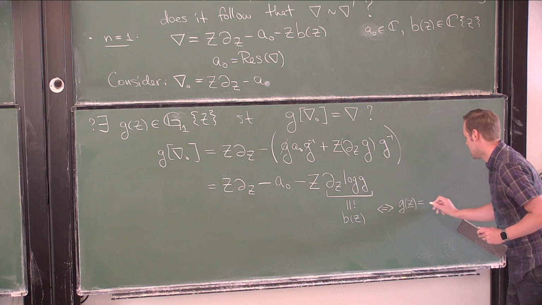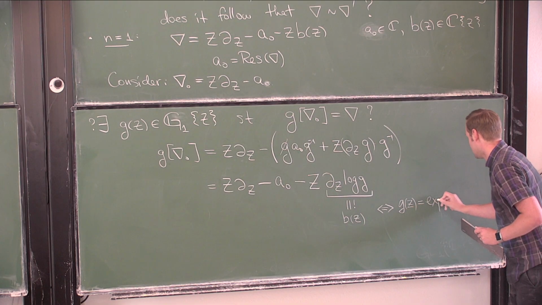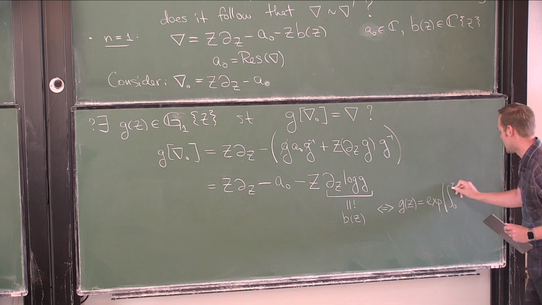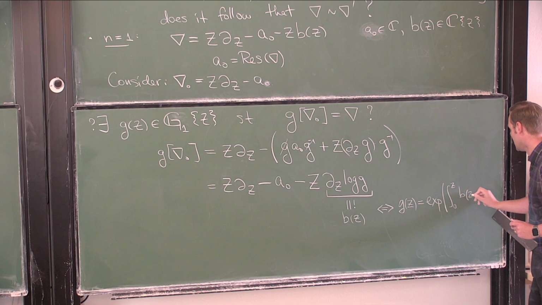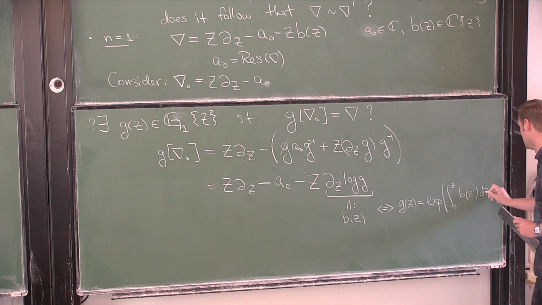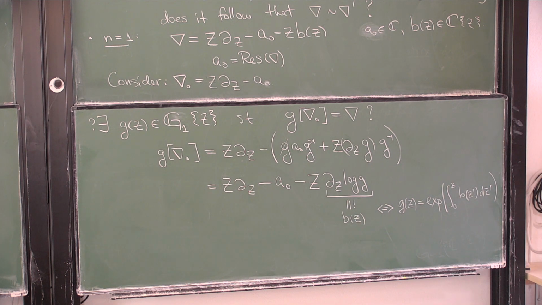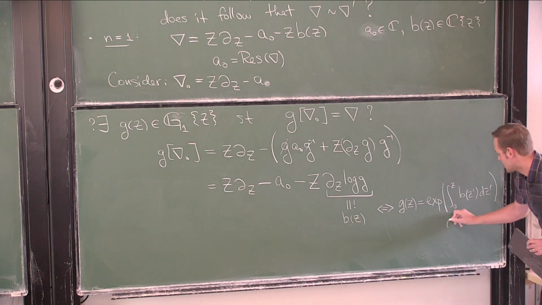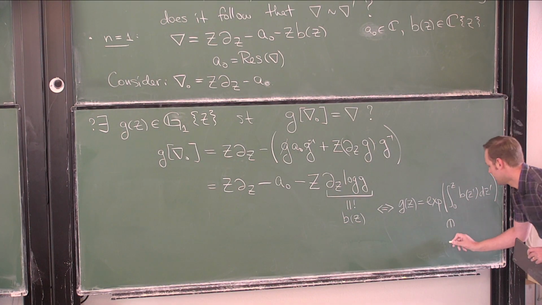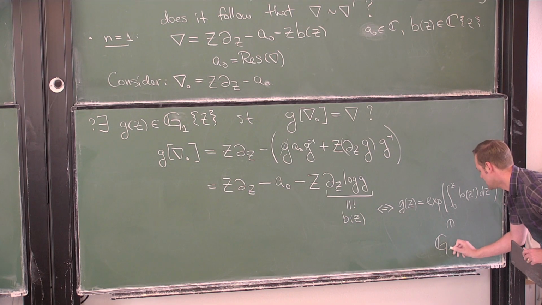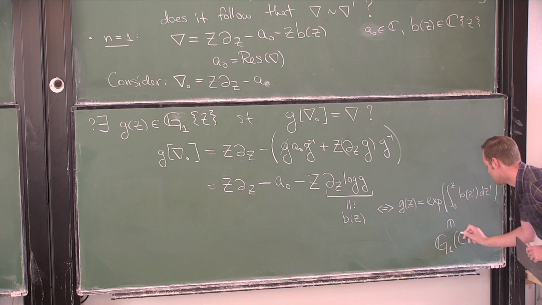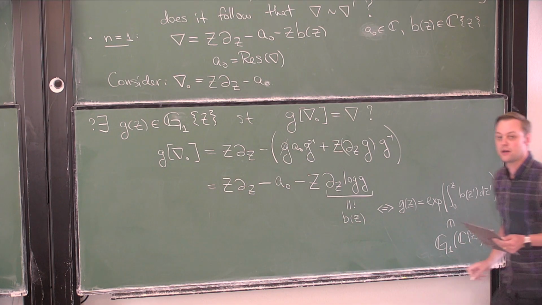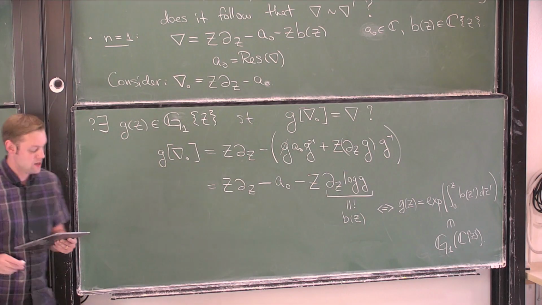G of Z is the exponential of the integral from 0 to Z of B. For example, any constant multiple of this will do. This is clearly an invertible power series, so this is indeed a GL1 matrix with values in convergent power series.